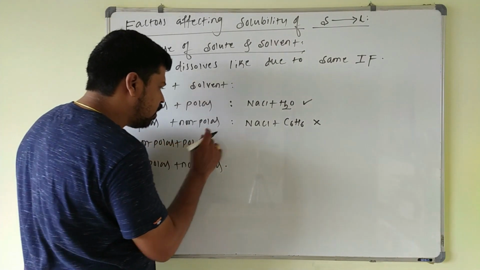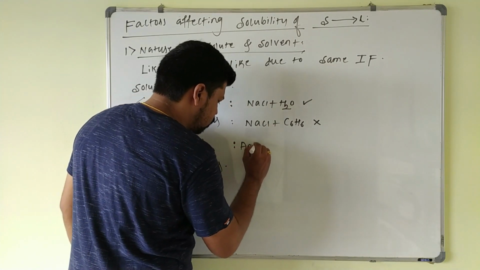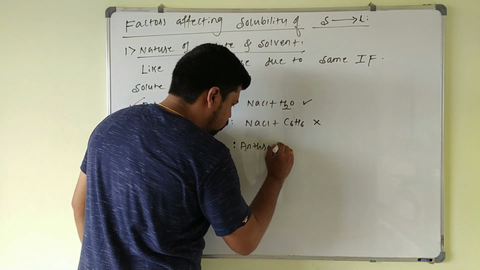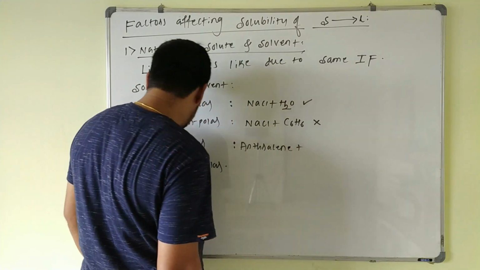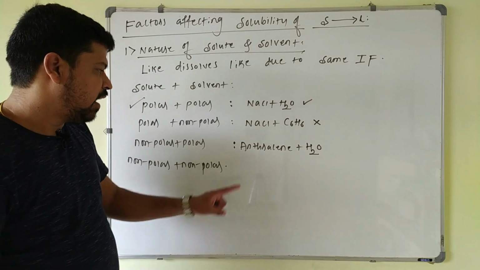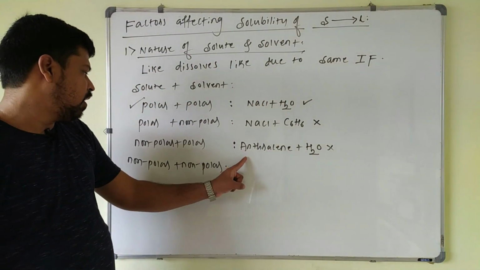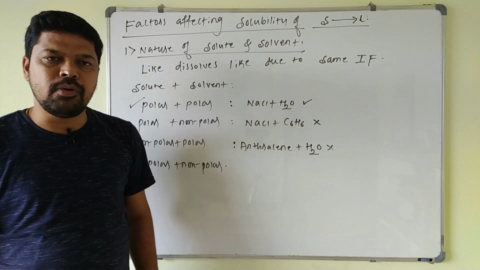Suppose we take non-polar and polar, a non-polar solute I will take, that is anthracene. Suppose anthracene is added to the water. Water is polar, anthracene is non-polar. Again this anthracene is not soluble in the water because this is non-polar and that is polar.